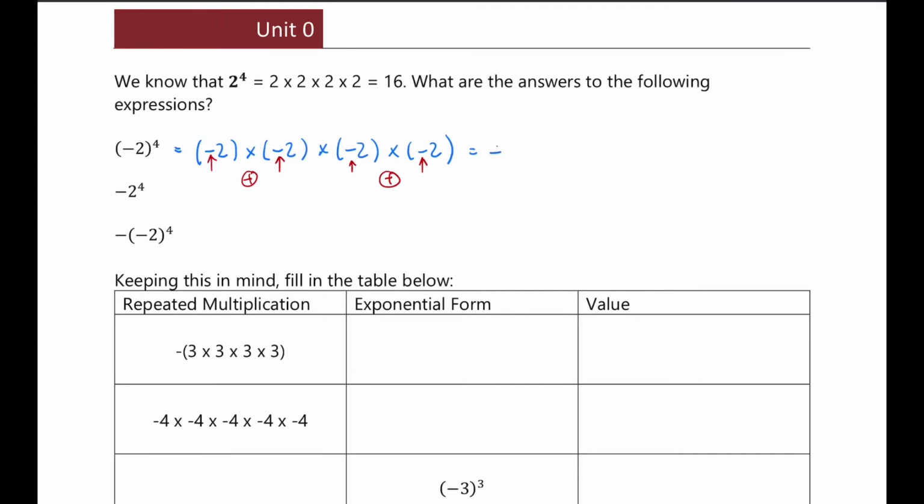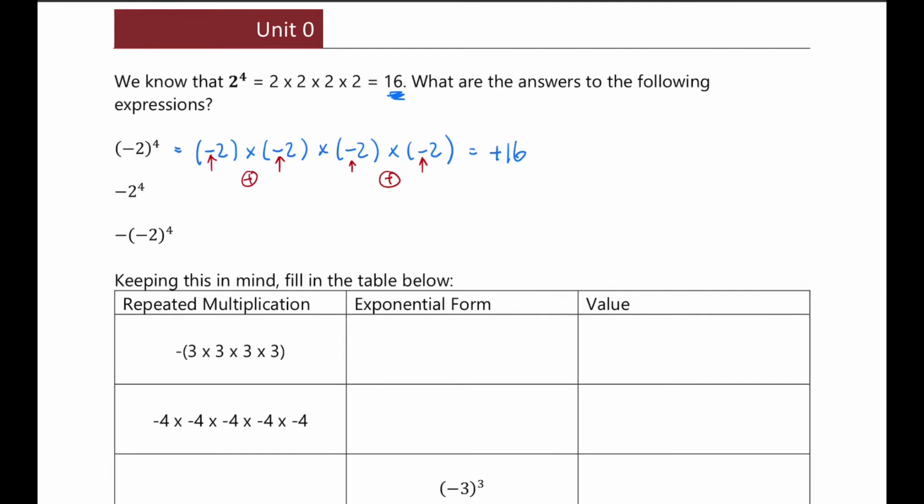So we know this result will be a positive value. Lastly, we know 2 times 2 times 2 times 2 is 16. So we can say that negative 2 all to the power of 4 is positive 16.